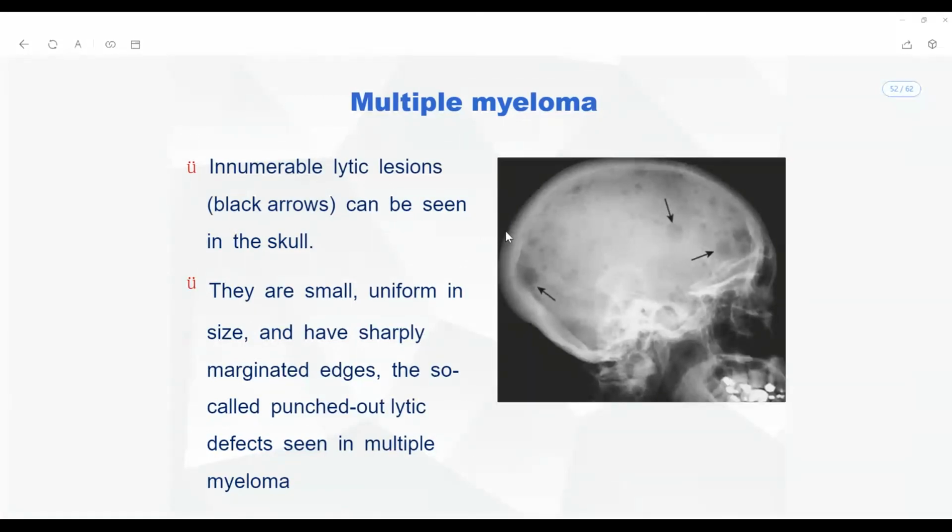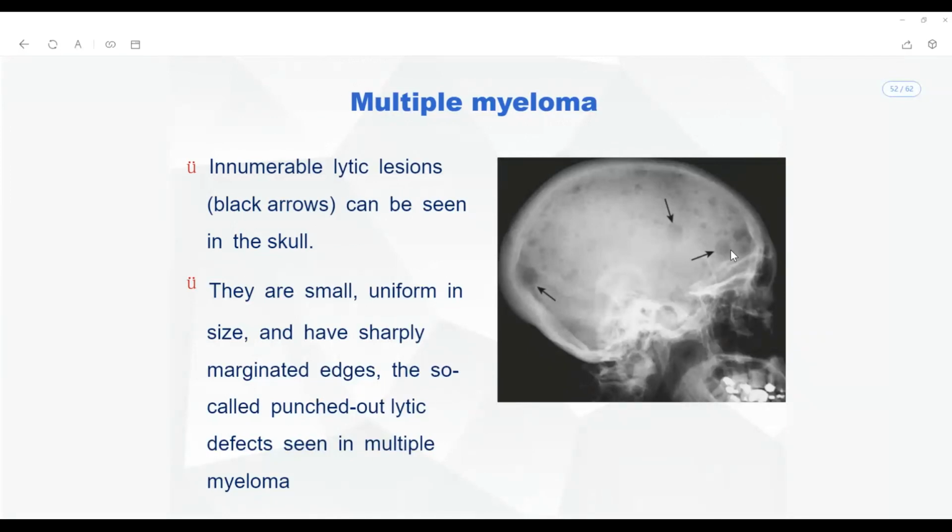The salt and pepper sign is a characteristic feature of Paget's disease. Hair on end appearance or the cape sign, hat appearance, is also characteristic of Paget's disease.